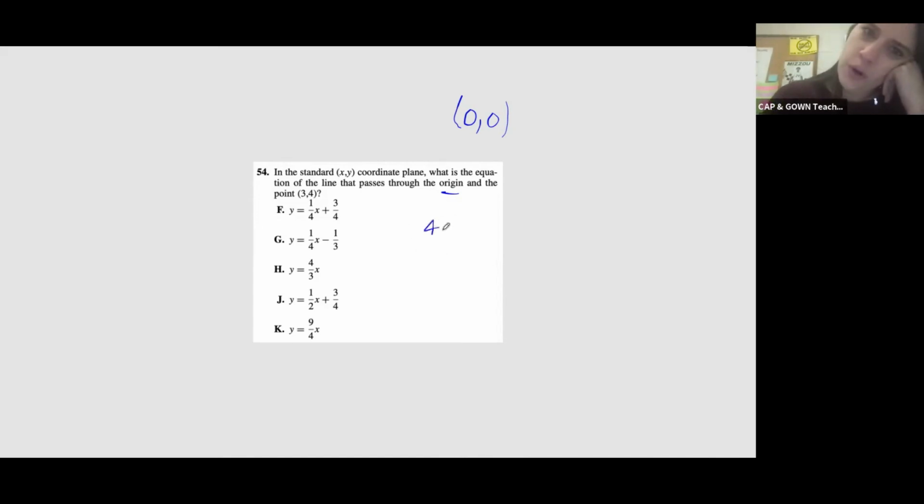So it's 4 minus 0 over 3 minus 0, which is 4 over 3. Boom. And the other reason why it's this one that goes through the origin is that it has the y-intercept of 0. The difference between h and k are the slopes.